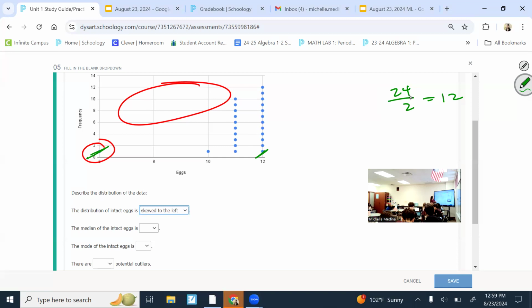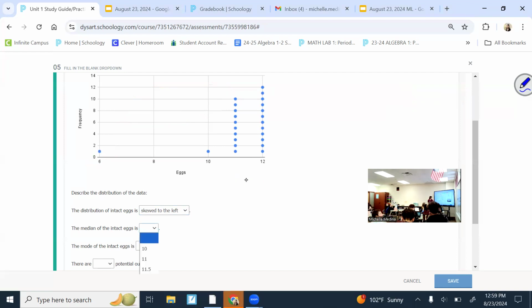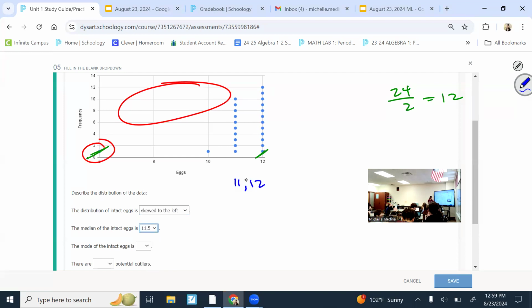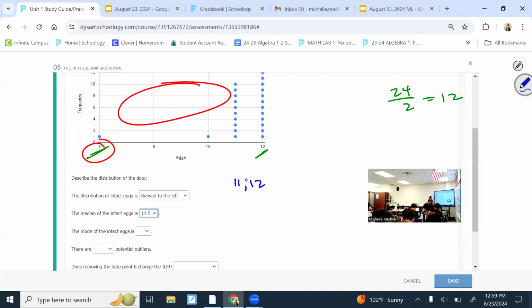Here's my middle, between this 11 and this 12. If I wrote them all out in a list, those are my two in the middle that I'd have to average. So what's the average of 11 and 12? 11.5. 11 plus 12 is 23, divided by 2 is 11.5. So there's that.